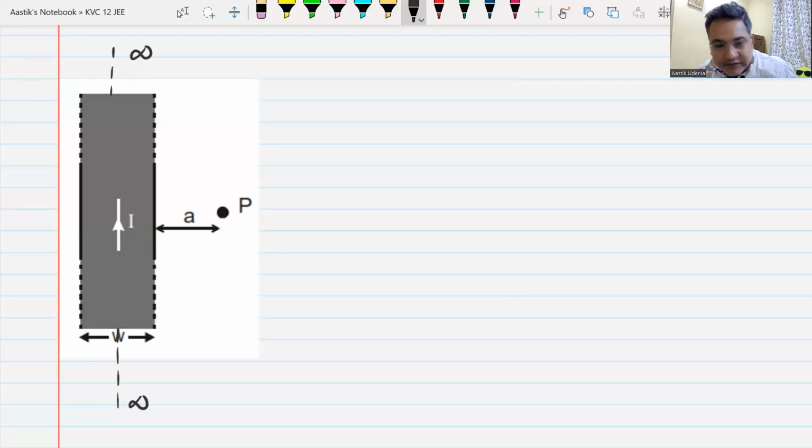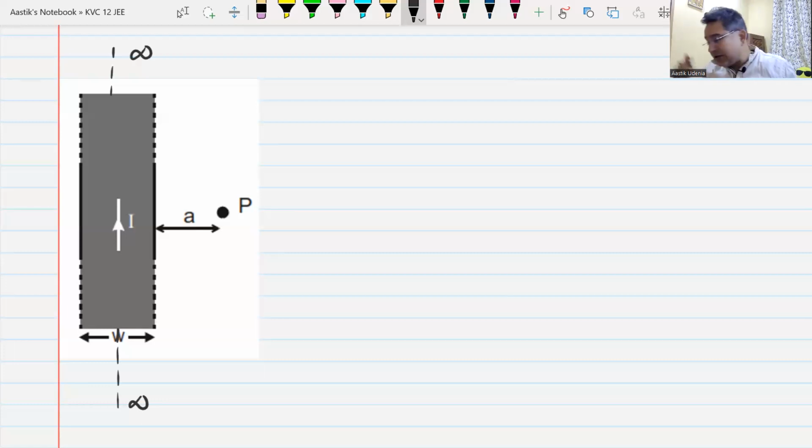Here, the total current is given. Now, we have a point on the x-axis at a distance a from this sheet of current. For the magnetic field due to this sheet, you have to break it into long parallel wires, infinite parallel wires, find out the current in every wire, and integrate.